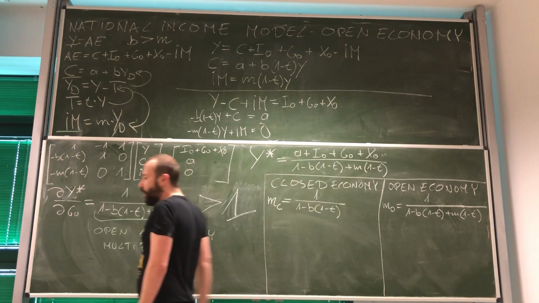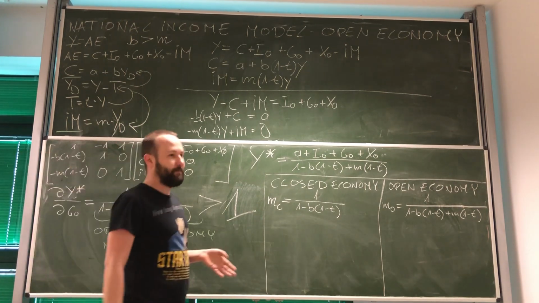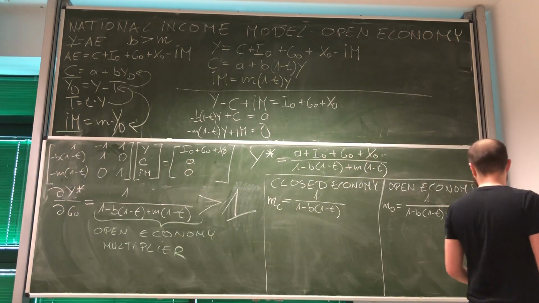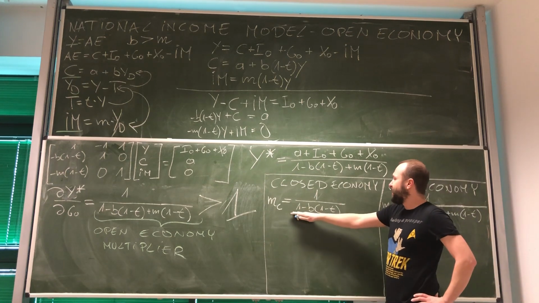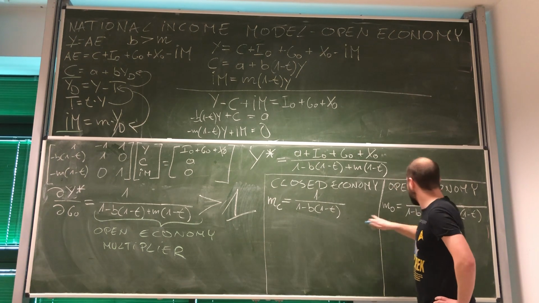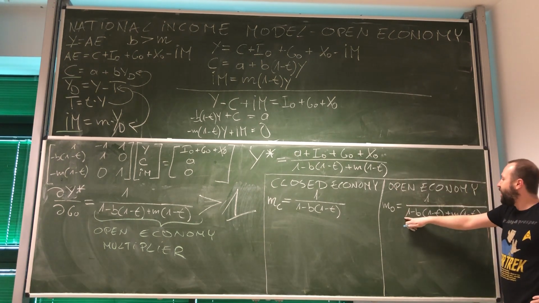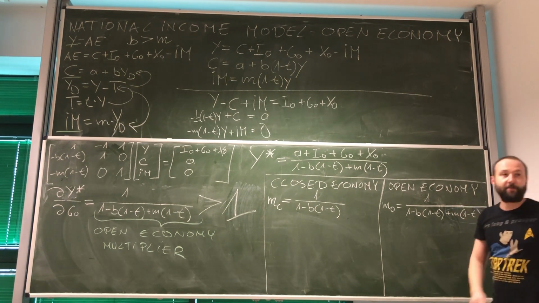Okay, what can we see right away? One of these expressions is clearly bigger than the other, and of course, this must be the closed economy multiplier. Why? Here we are dividing by a number 1 minus b times 1 minus t. Here we are dividing by number 1 minus b times 1 minus t plus something extra.